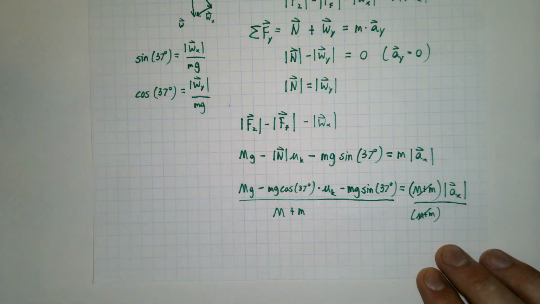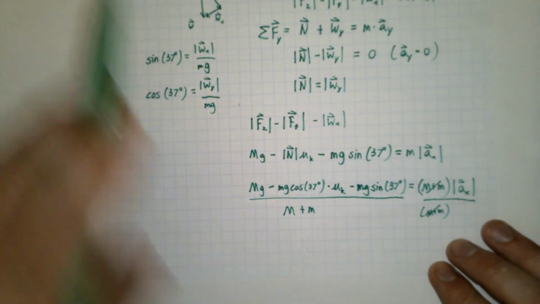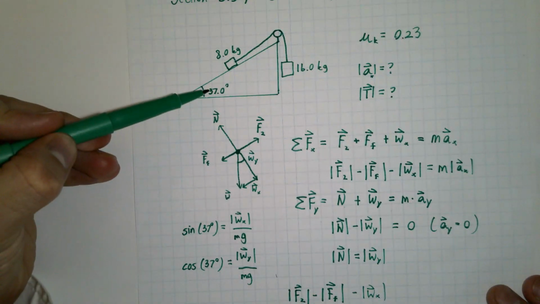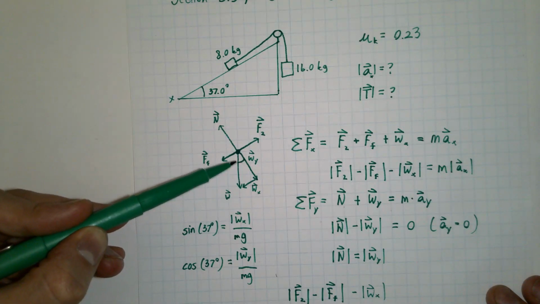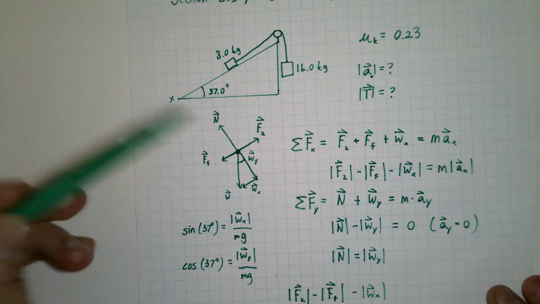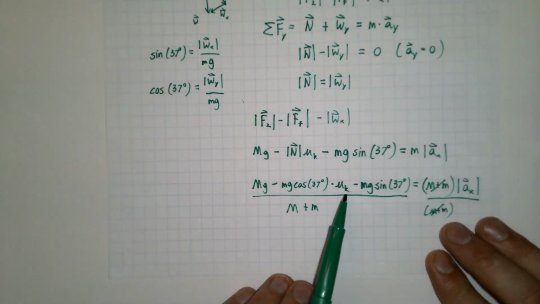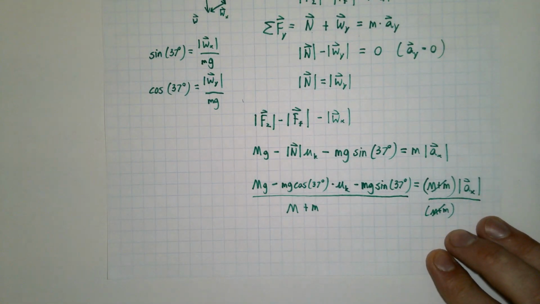The little m is the smaller mass, the 8 kilogram mass. 37 degrees comes from the angle of our incline, which is geometrically the same as this angle between the resultant weight and the y component of the weight. That angle right there is 37 degrees. And then our mu sub k was our given coefficient of kinetic friction between the 8 kilogram block and the surface, 0.23.